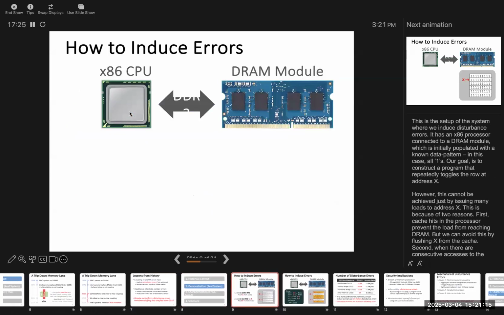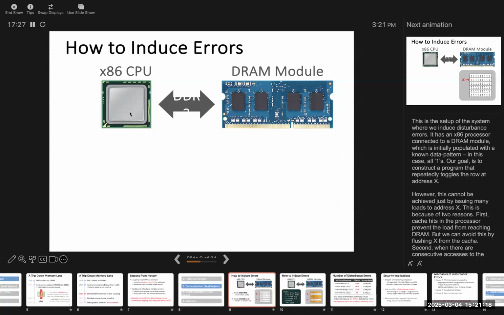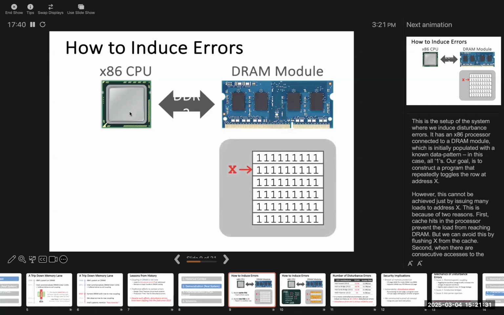Okay. So how to induce the errors? Let's say you have this x86 CPU, and it is connected with your DRAM module. Let's say in the bank of the memory chip, you have initialized the whole memory with ones.